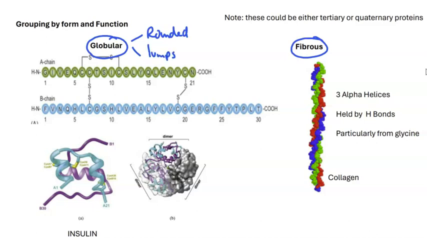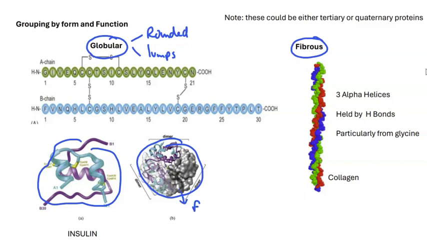Over here we've got insulin, which is a kind of lump of protein. These tend to have functions such as hormones, or typically are enzymes, or they might be embedded in the cell membrane as channel proteins.